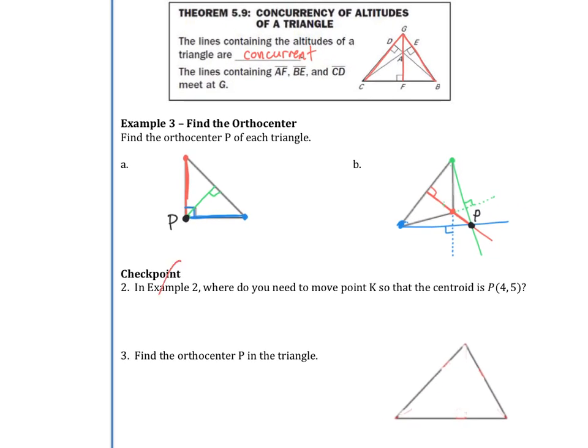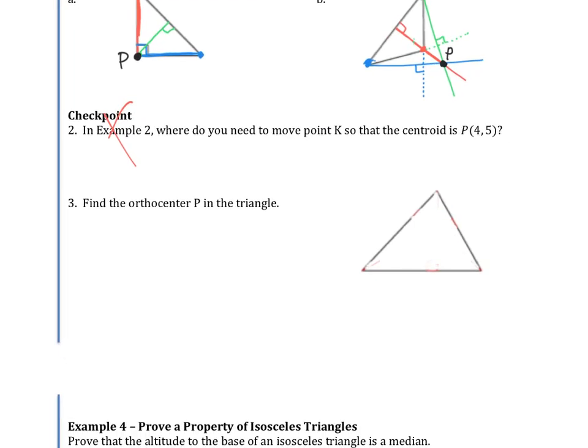Okay, we're going to skip checkpoint 2 because that goes back to that graphing one. I'm going to go down to checkpoint 3. Find the orthocenter of P. The orthocenter of P in the triangle, and the orthocenter is where the altitudes cross. Okay?